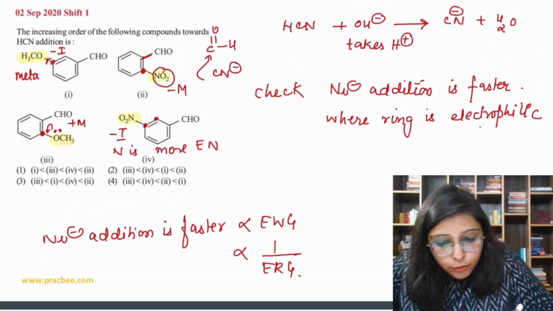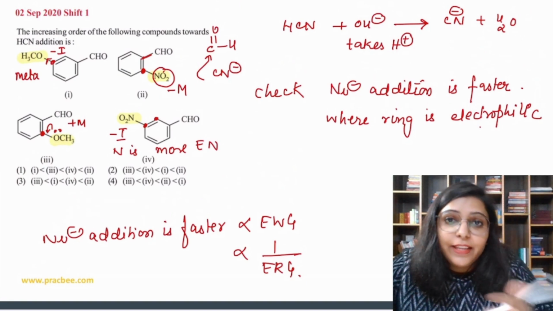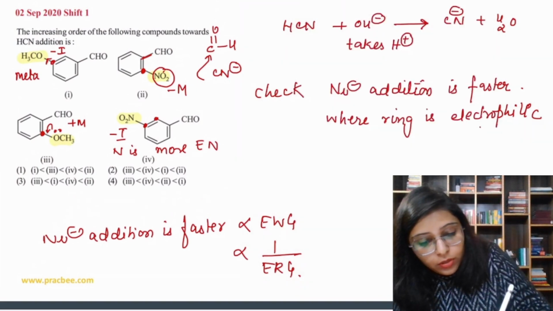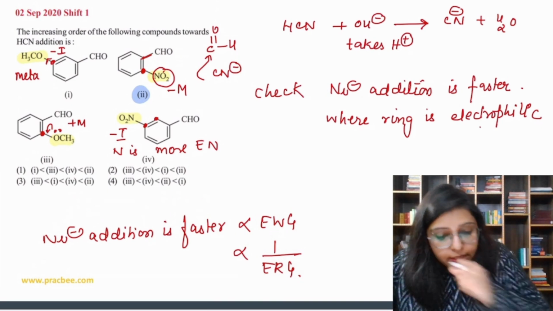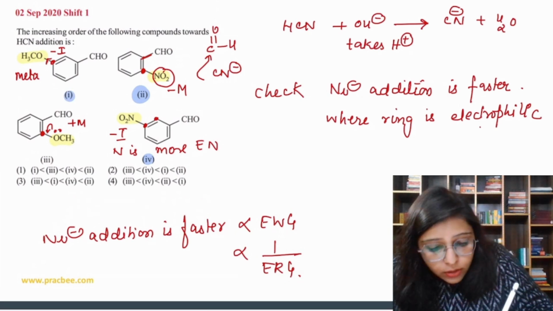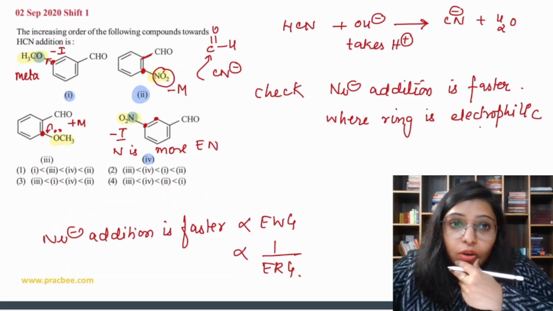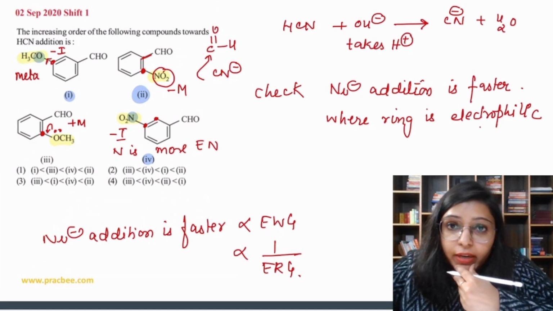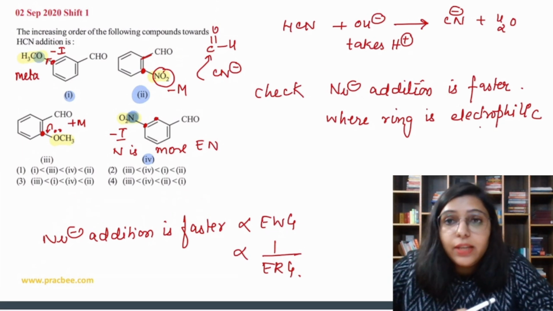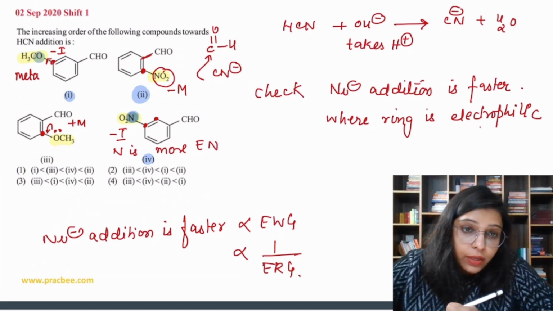So now on the basis of that, we have options number 1, 2, and 3, so we have to find another thing. Now we have the fourth option, and the first option. In the first and fourth, nitrogen is there and oxygen. Oxygen is more electronegative, and nitrogen is less electronegative, right?